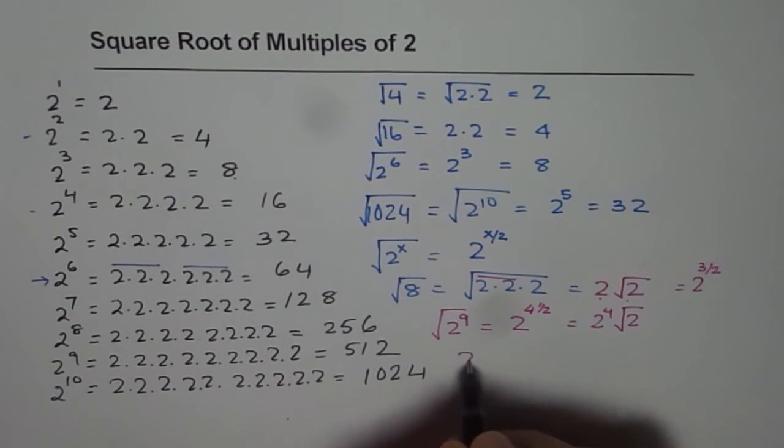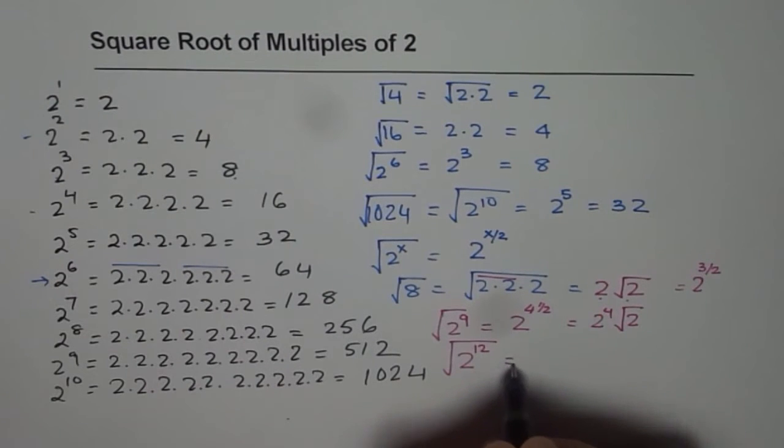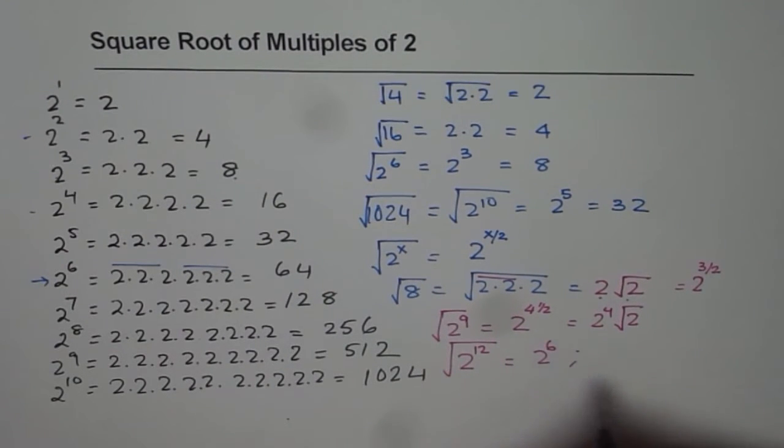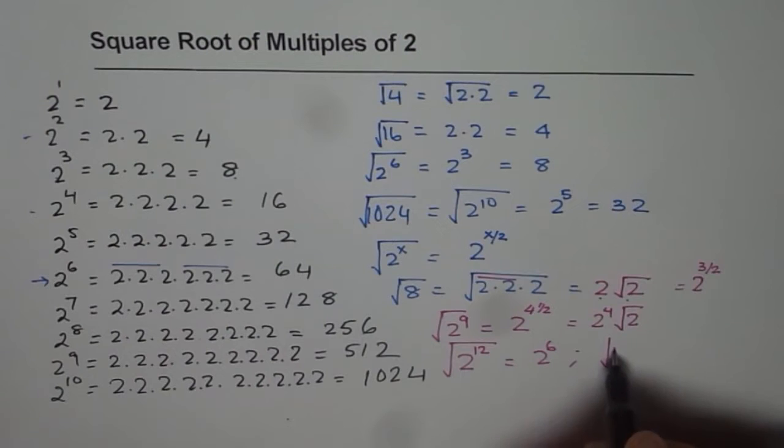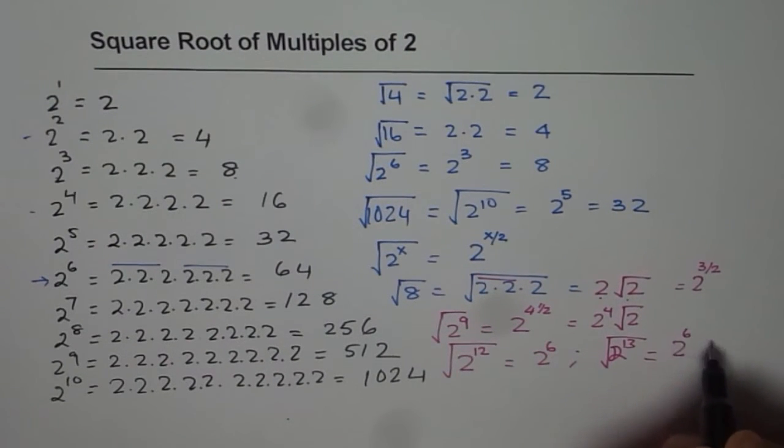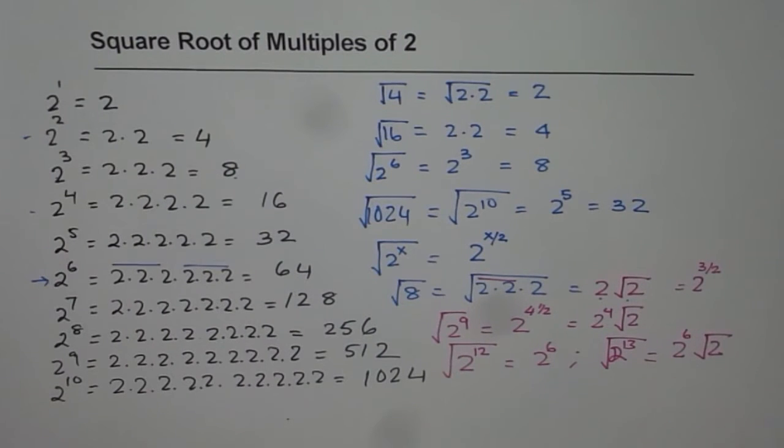So if I have square root of 2 to the power of 12, then the answer is 2 to the power of 6. But if I have square root of 2 to the power of 13, then the answer is 2 to the power of 6 square root 2, right? So I hope with this you understand how to find square root of multiples of 2, right?